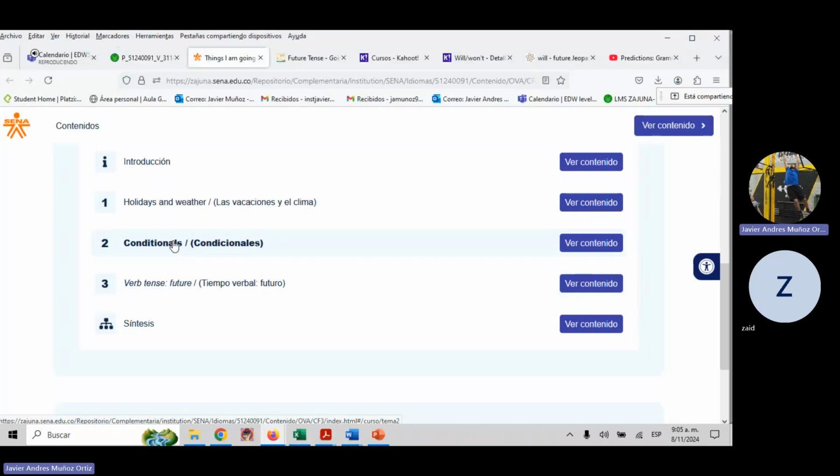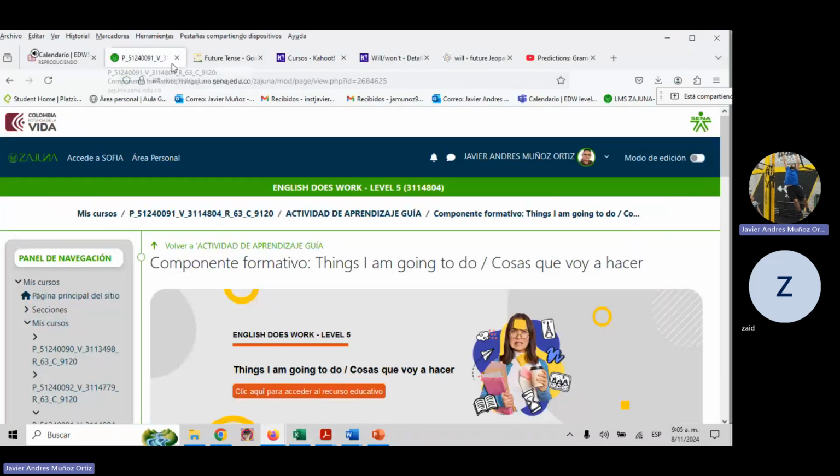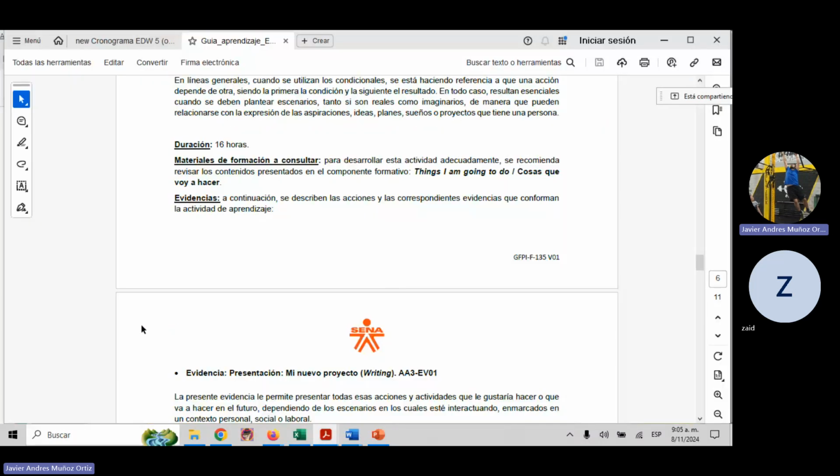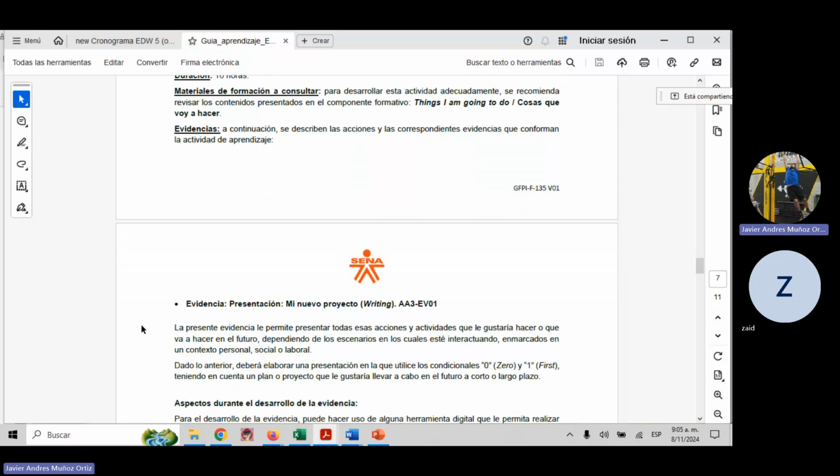We cannot accept an activity if this activity doesn't use conditionals. ¿Vale? So as always, this is the information you're going to need to develop your activity. So I strongly suggest you check this information. ¿Vale?